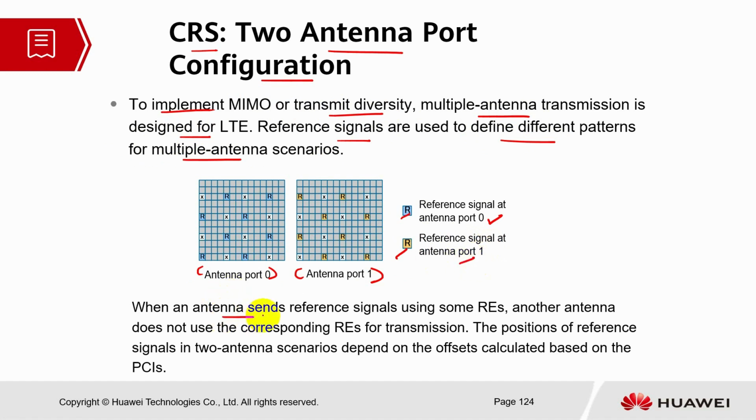When one antenna sends a reference signal using certain resource elements, the other antenna does not use the corresponding resource elements for transmission. They will never use them. So the position of the reference signal in two-antenna scenarios depends on the offset calculated based on the PCI to avoid conflict.